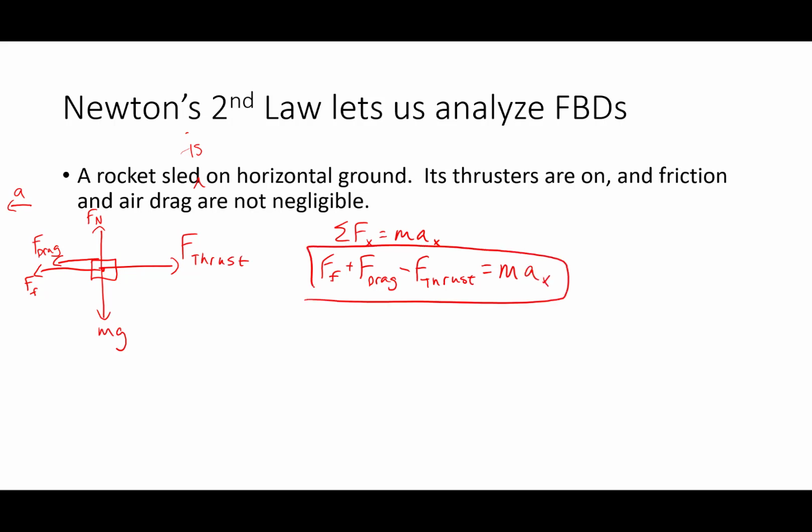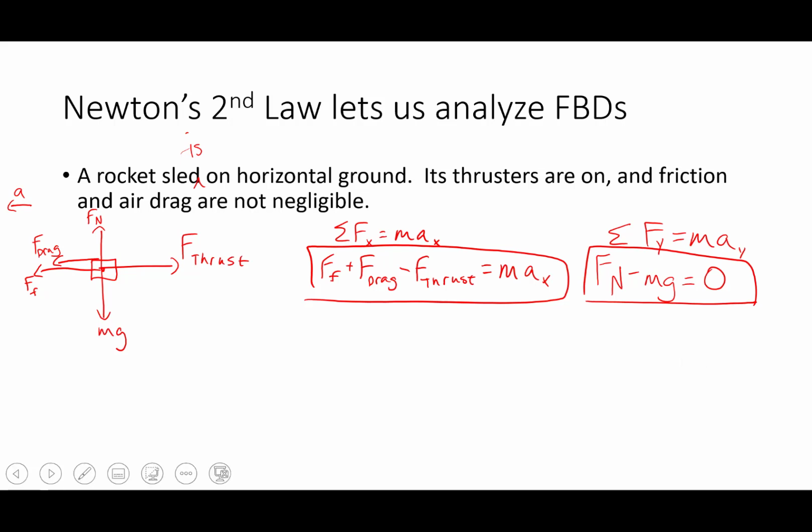That's our law of motion equation. And in the y, we just have normal minus the force of gravity, and since there's no acceleration, no net force vertically, it's 0. That's it. Plug in our numbers and we can solve for all kinds of things.